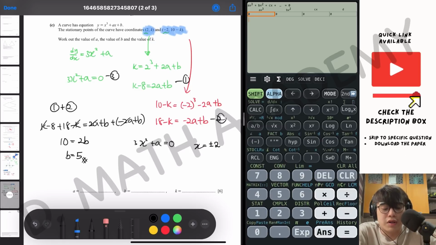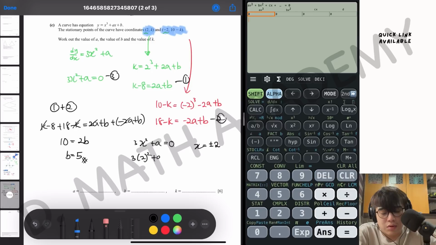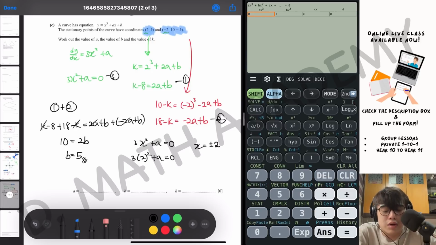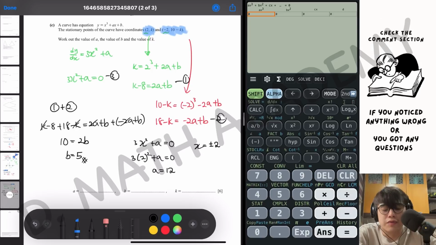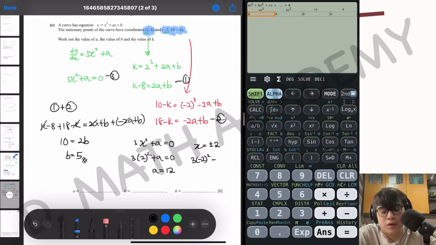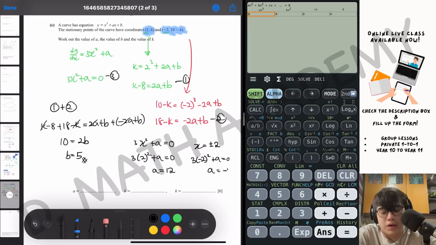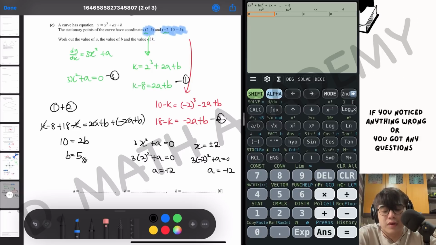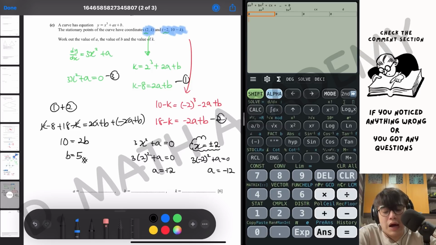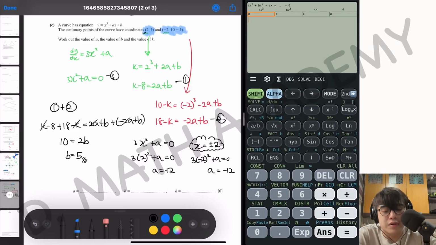So when I put it in, you will get your a result. Regardless of whether it is negative 2 or not, through your calculation you will always get the answer of a as negative 12, based on our points here.